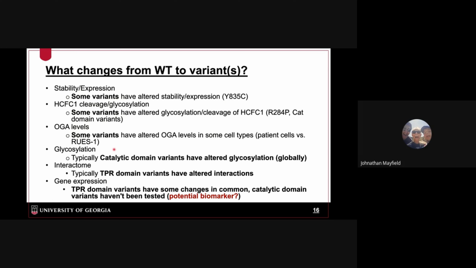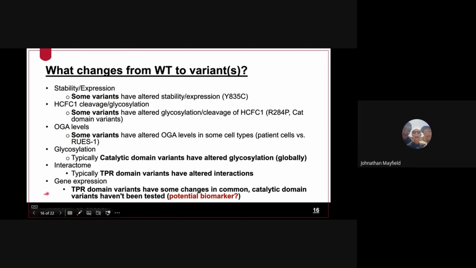In terms of glycosylation, the catalytic domain variants typically have altered levels of global O-GlcNAc, but this is not the same for the TPR domain variants. But for the TPR domain variants, we've seen that they have altered protein-protein interactions.